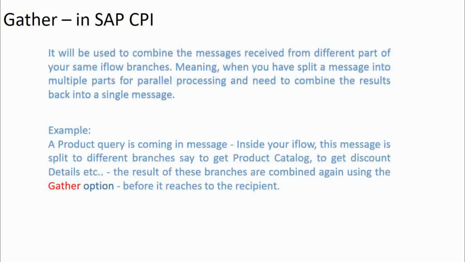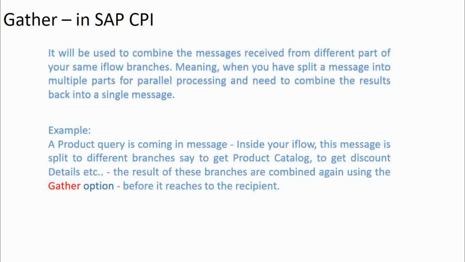For example, a product query is coming into a message as a payload, right? So the iFlow receives that payload and splits that message into different branches. For example, multicast, right?